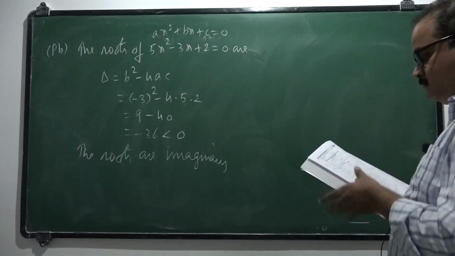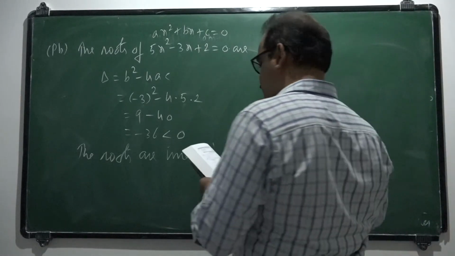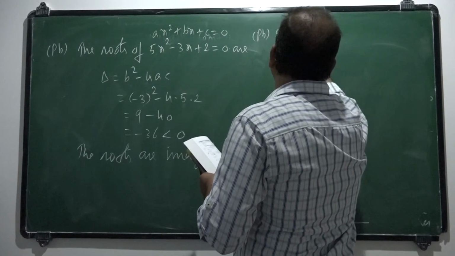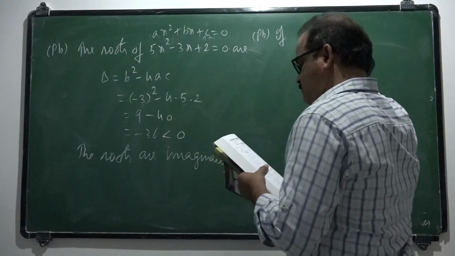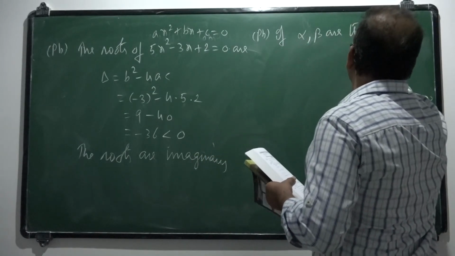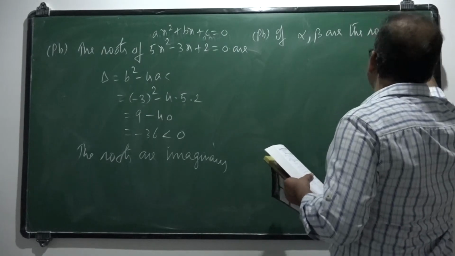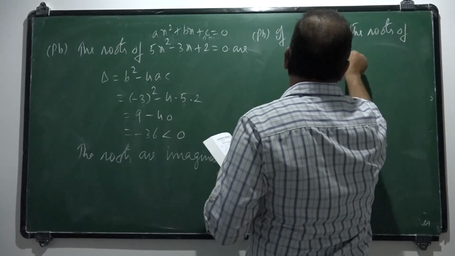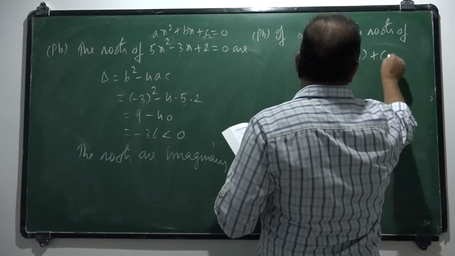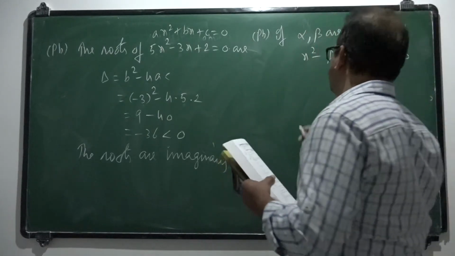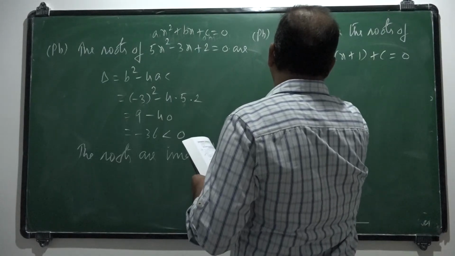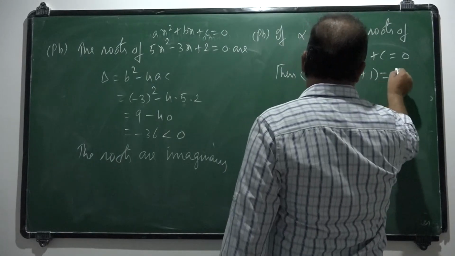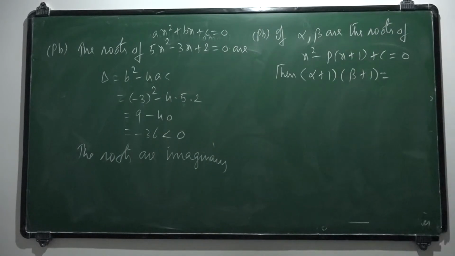Next, if alpha comma beta are the roots of x square minus p into x plus 1 plus c is equal to 0, then alpha plus 1 into beta plus 1 is equal to, then find that value.